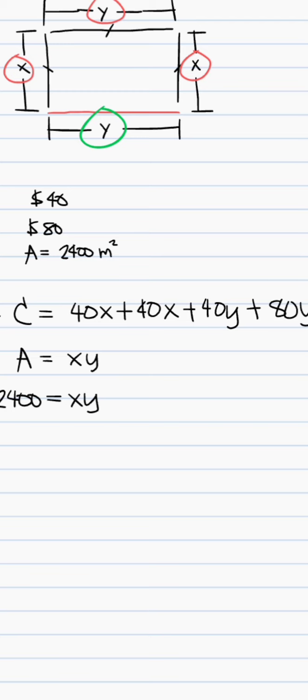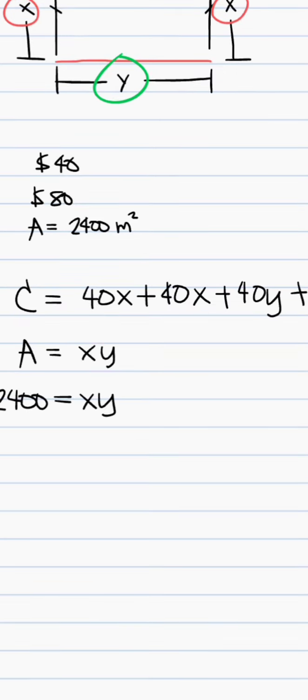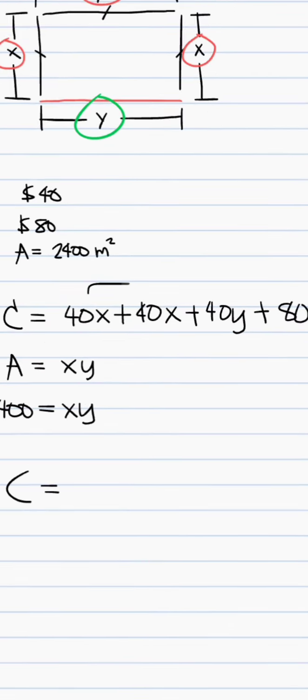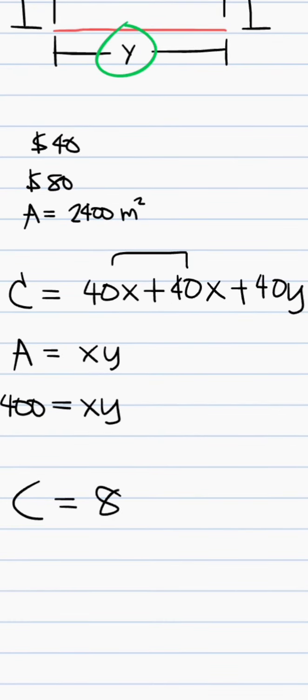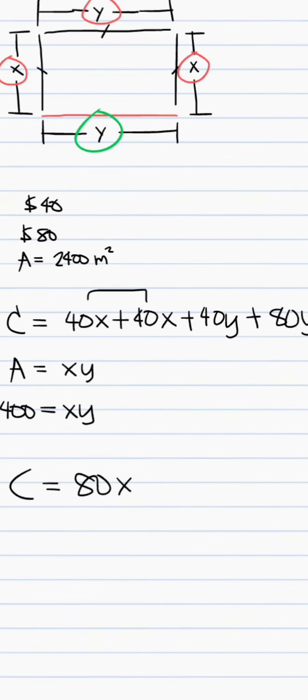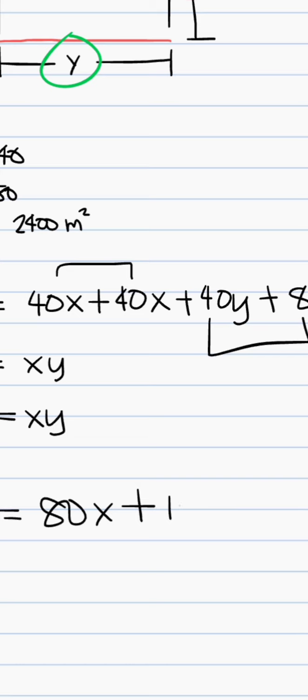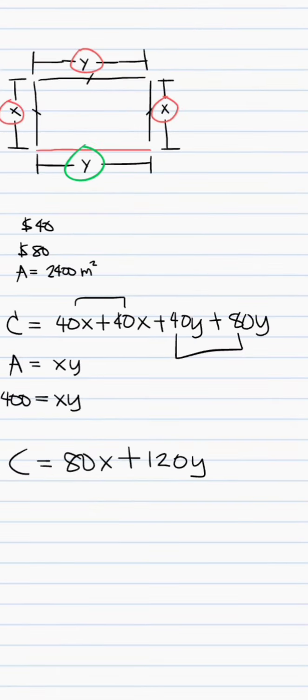So this equation, we can rewrite as C is equal to, combining like terms, 40x plus 40x is 80x. And then 40y plus 80y is 120y.